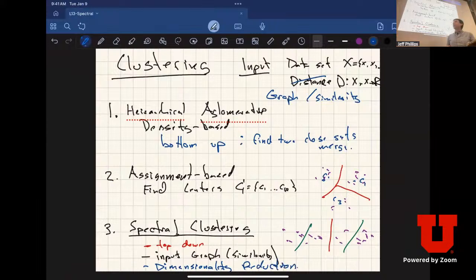This spectral algorithm is often used implicitly or explicitly for dimensionality reduction. Sometimes they'll do the dimensionality reduction part of this, and then run the k-means algorithm on top of the dimensionality reduction. That's a common pipeline that is sometimes used. So this is where spectral clustering fits into this space.